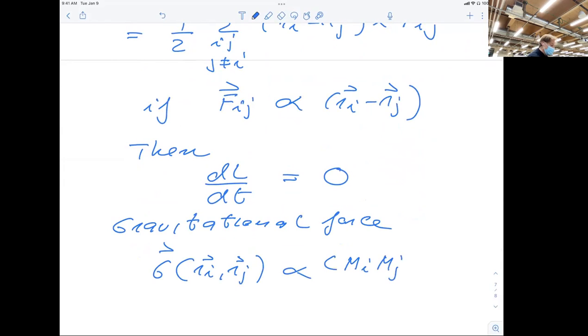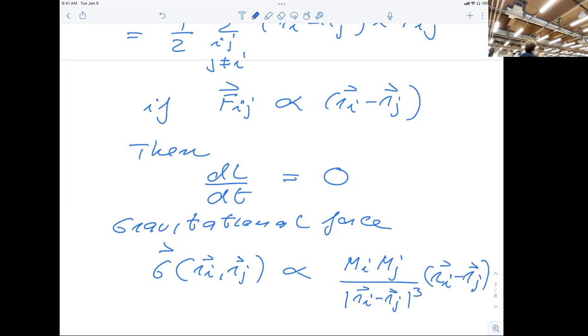Then we divided by the absolute value of Ri minus Rj cubed, and we had Ri minus Rj as a vector.